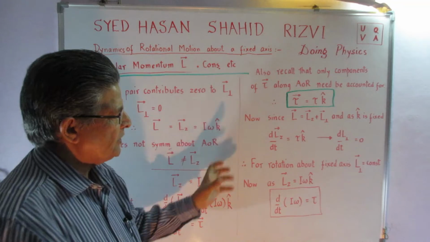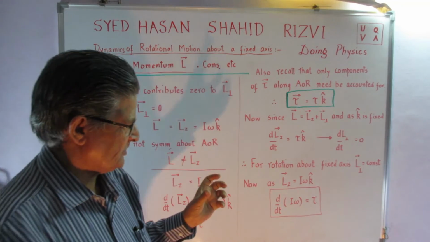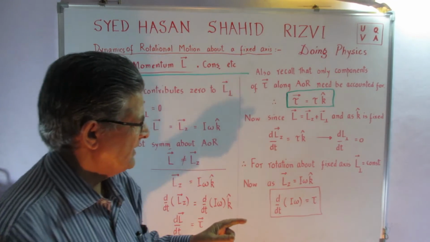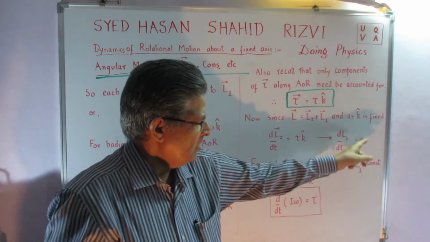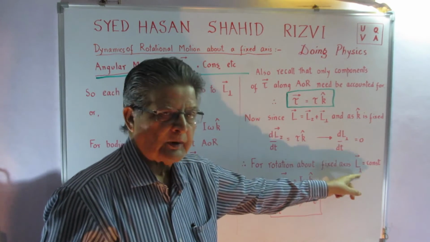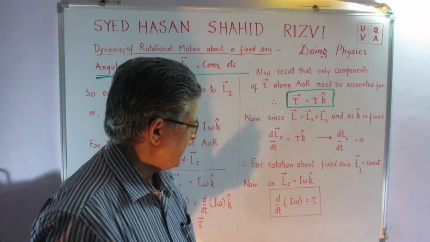So for rotation about a fixed axis, since it is equal to 0, it means that L perpendicular is a constant. Okay.